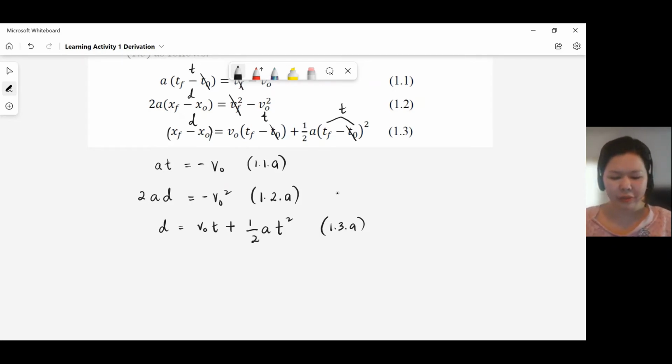and V naught. We have various options to solve our unknowns here. For now, we choose equations 1.1A and 1.3A and solve for the unknowns simply by substitution.